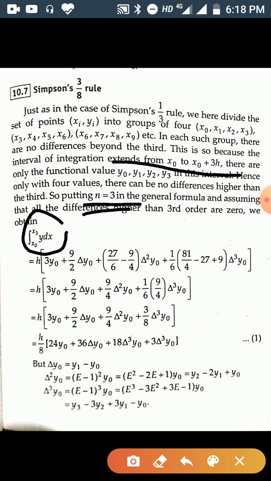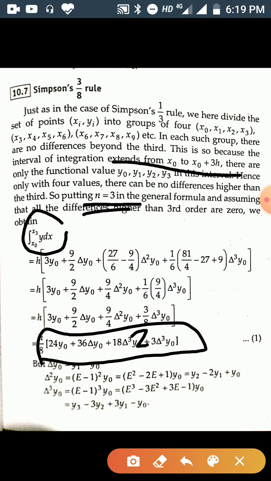So after simplifying we will get h by 8 [24 y0 plus 36 delta y0 plus 18 delta square y0 plus 3 delta cube y0].